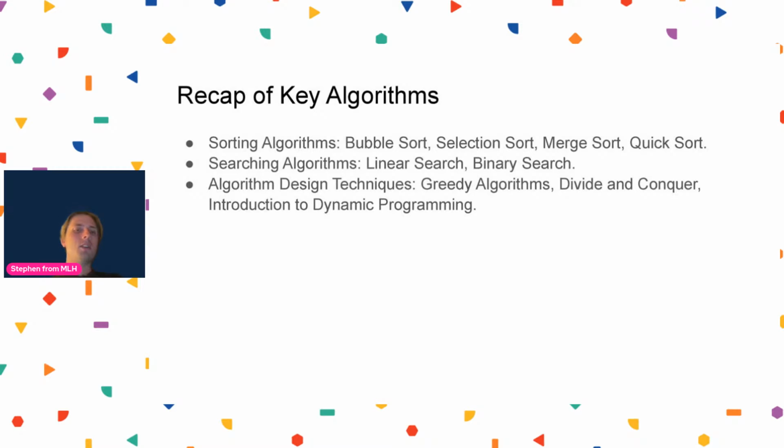But then we moved into the part 2 content, which was sorting algorithms like bubble sort, selection sort, merge sort, and quick sort. We then covered some search algorithms like linear search and binary search. And then we got into algorithm design techniques, where we learned about greedy algorithms and the divide and conquer approach, and some intros to dynamic programming.